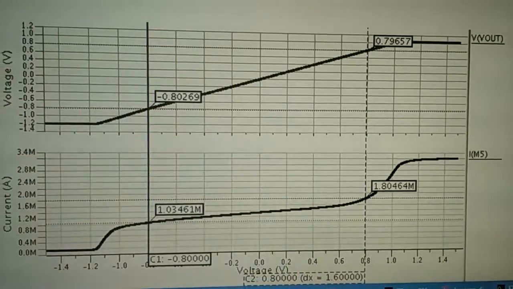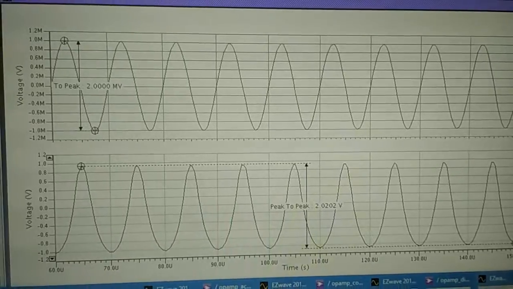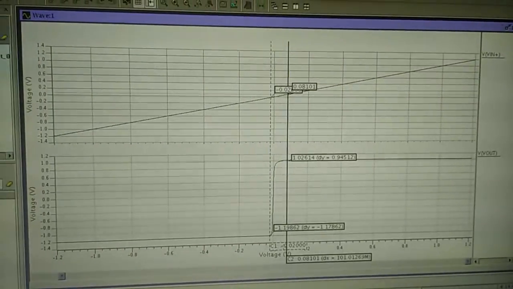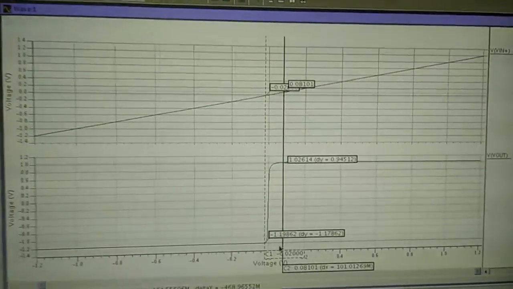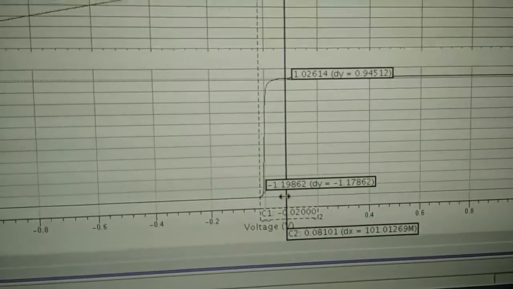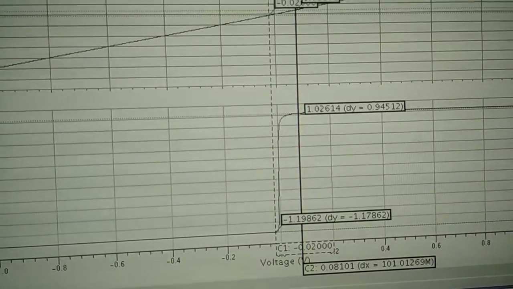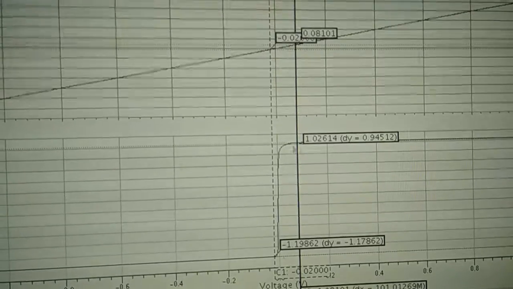Lastly, we will run through the differential output voltage swing simulation. Here we can see that when we apply a very small input signal, we will have a very large output voltage swing for the differential.